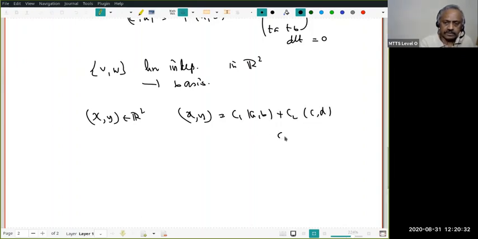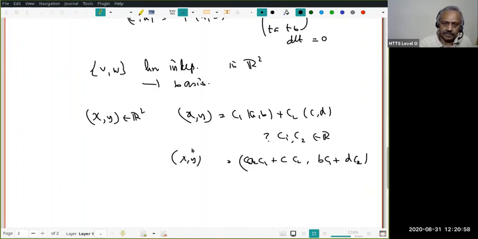What do I have to check? Whether there exist C1, C2. That means you can write it as (A C1 + C C2, B C1 + D C2). This must be my (x, y). Notice that (x, y) is not variable now, it's a fixed vector, and C1 and C2 are unknowns.